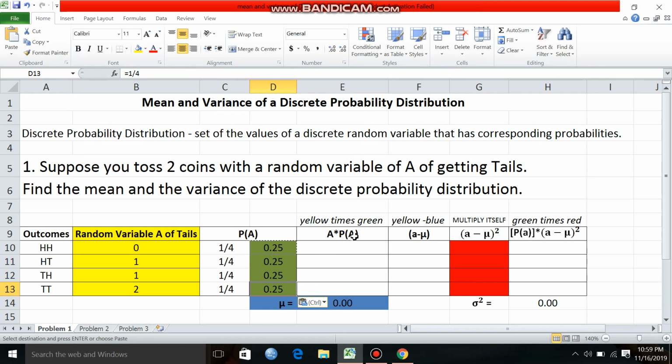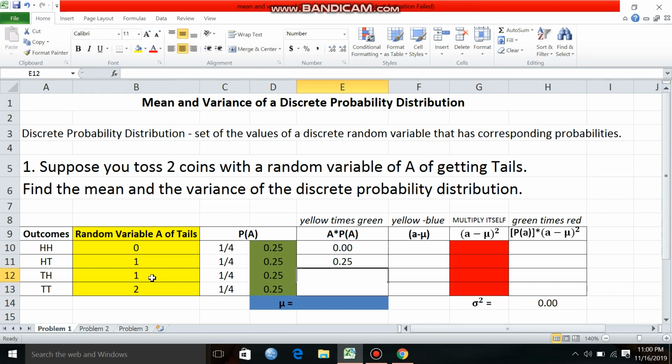Next, we multiply the random variable and the corresponding probabilities. 0 times its probability is 0. Next, 1 times 0.25 is 0.25.